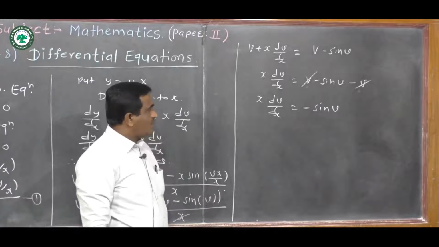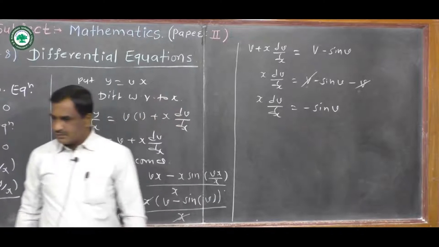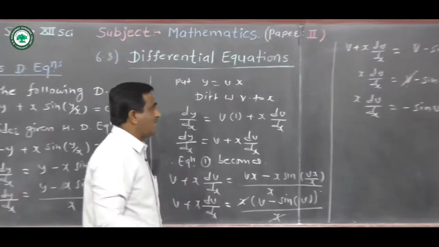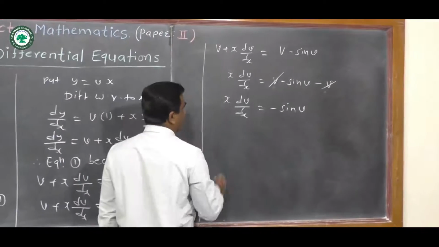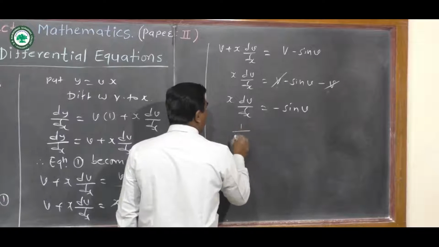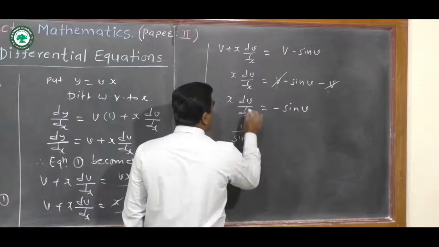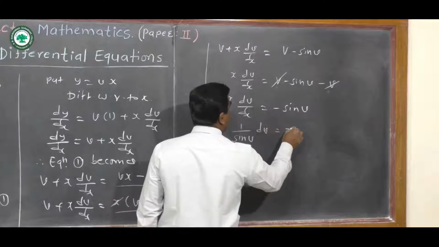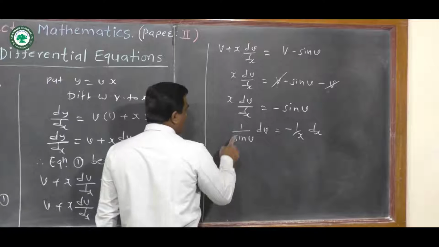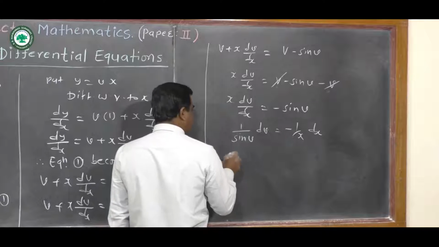We can take terms of v to the LHS and terms of x to the RHS. Therefore, we can write 1 upon sin v dv is equal to minus 1 upon x dx. 1 upon sin v means cosec v.